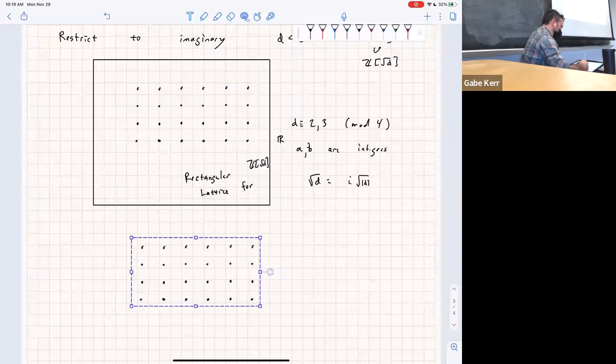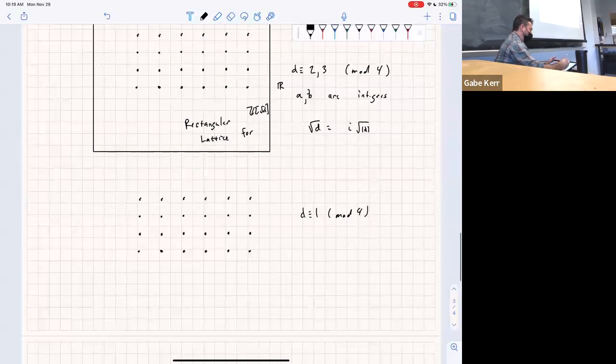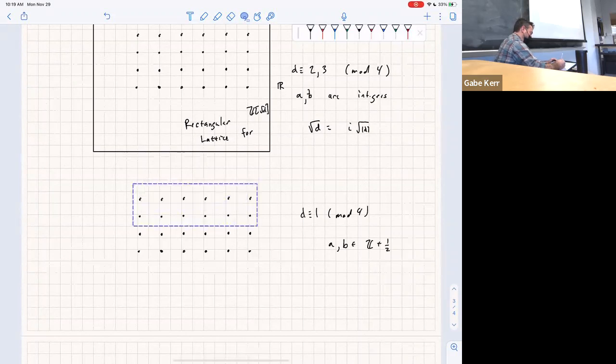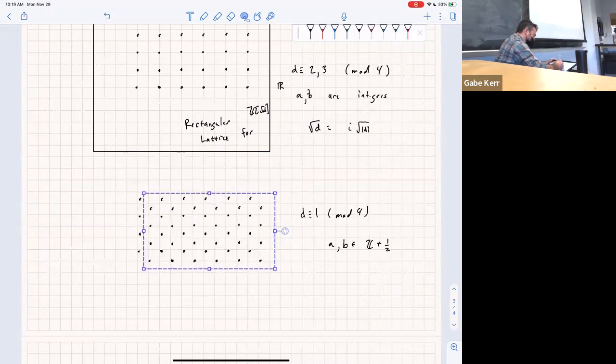If you look at the same kind of picture for the D congruent to 1 case, here we do have integers, but we also have the case where A and B are half integers as well. We'll get this kind of a picture, but we'll also see something sort of in the middle.